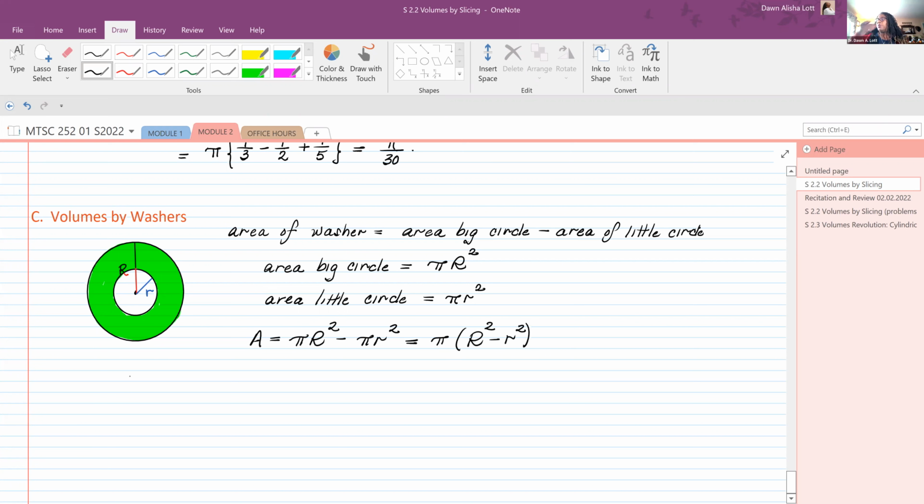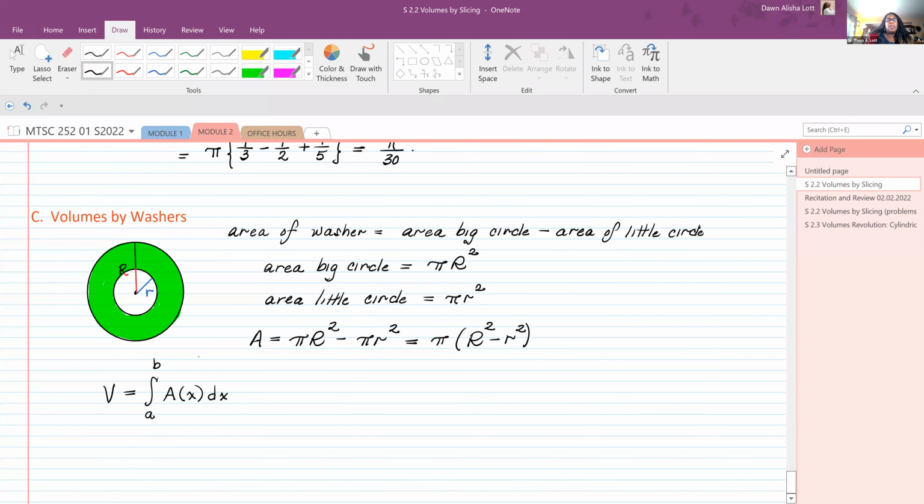So now if we were stacking up a bunch of washers, we would have volume. Think of it as stacking up flat donuts, we would eventually end up with volume. So we go back to our original equation, the integral of A of x dx.